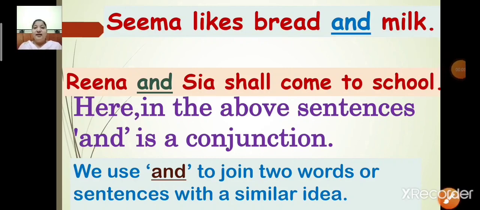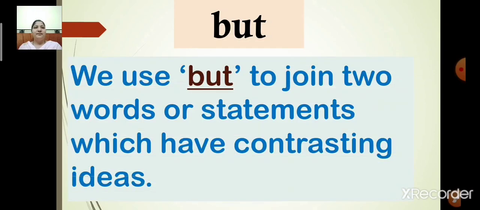Now children, let us move on to the next conjunction, that is but. We use but to join two words or statements which have contrasting ideas. Now children, what do you mean by contrasting ideas? Contrasting ideas means opposite ideas.